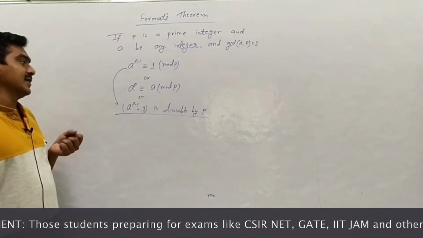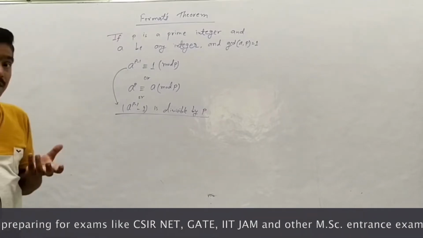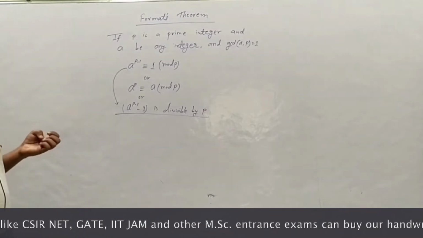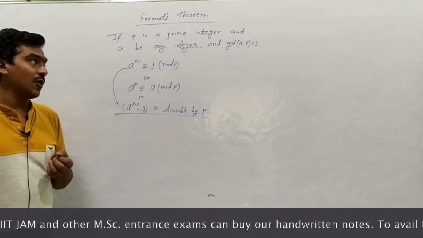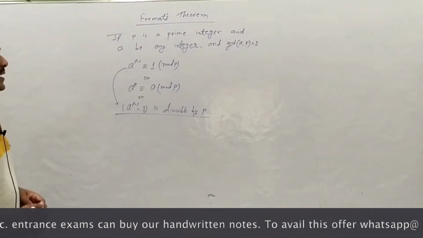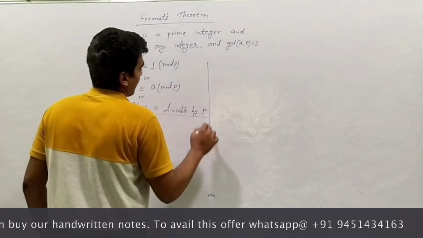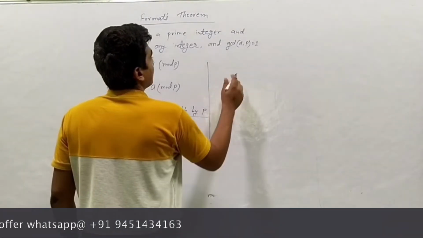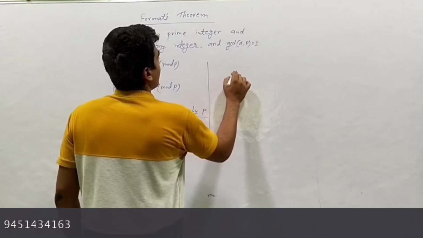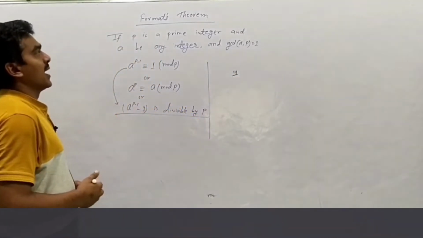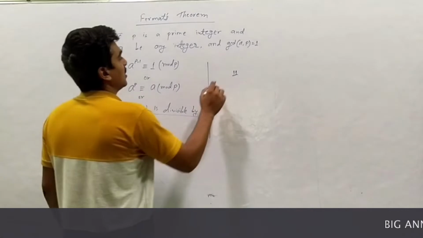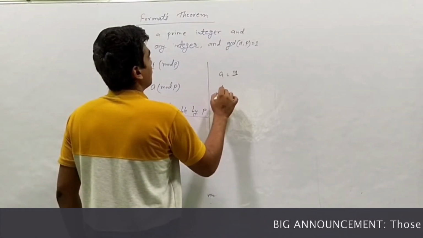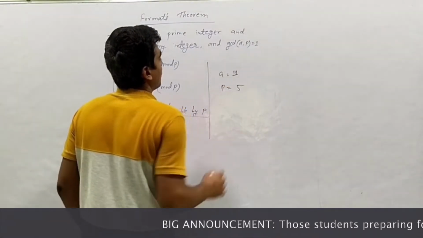Now let us see examples of this theorem by taking different values of a and p. Suppose I take in place of a 11, and in place of p we take 5.